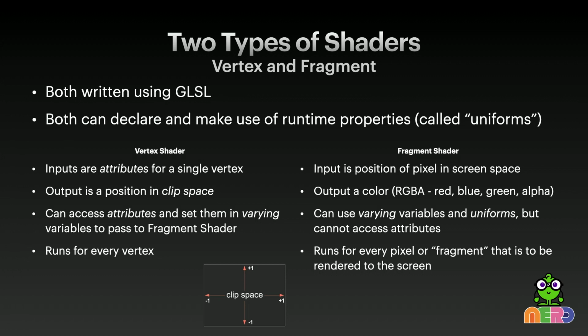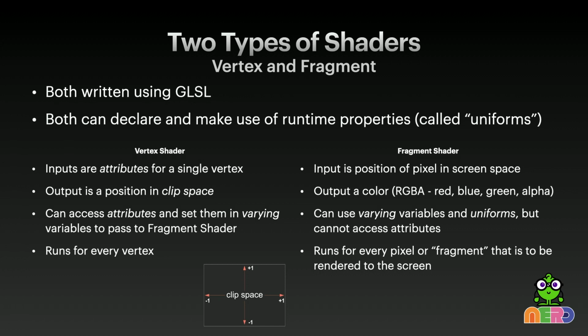And the output is a position in clip space, basically some number between -1 and 1. It might literally just pass the position through. But generally, it's going to do some kind of transformation to make perspective, camera angles. We'll see how all that stuff works pretty soon. And it can access all these attributes you're passing through, and it runs for every vertex, like I said.